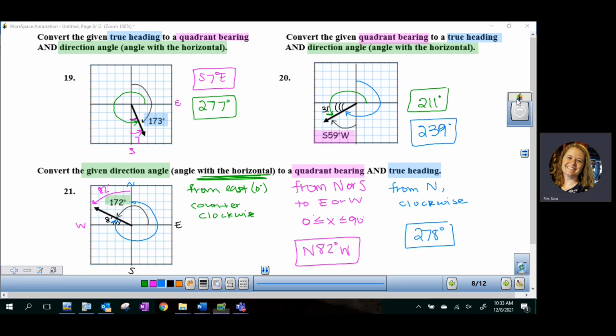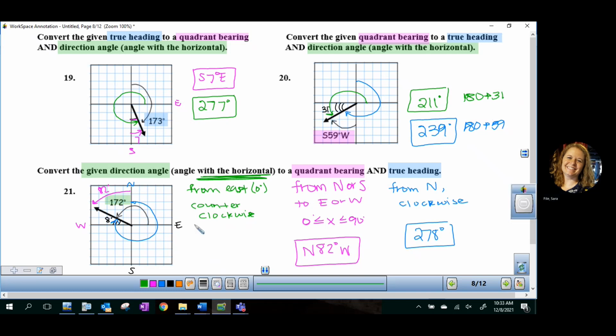Okay, if you need to be jotting down to the side what we're doing, we did 180 plus 59 to get this. We did 180 plus 31 to get this. That's fine. Show that work.